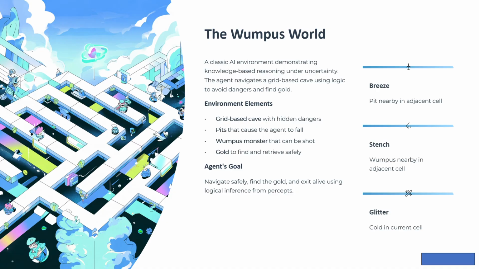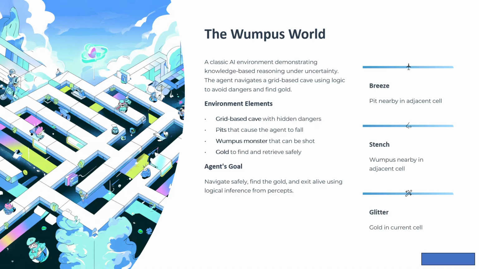This is our objective. The agent has to use clues like a breeze, which indicates a nearby pit; a stench, which indicates the Wumpus nearby; and a glitter, which tells you gold is here, to make decisions, often with uncertainty.